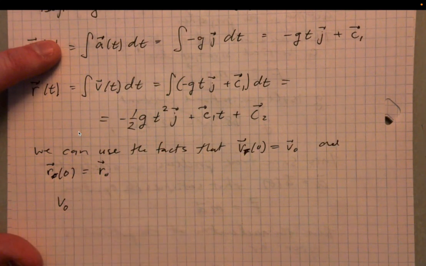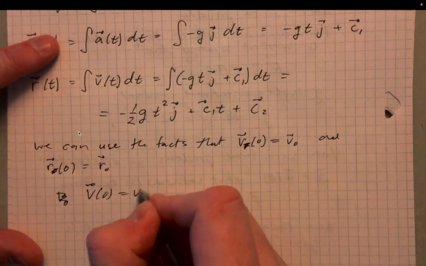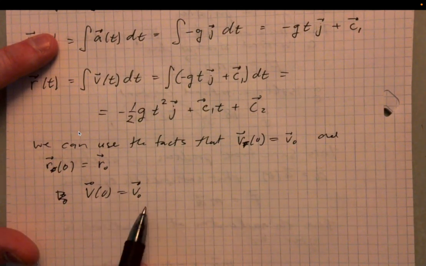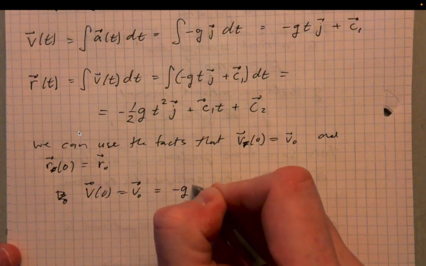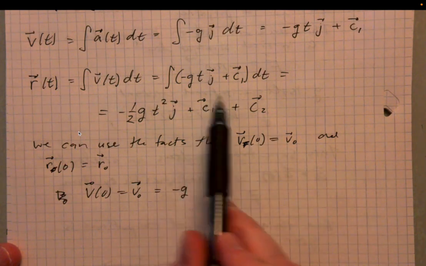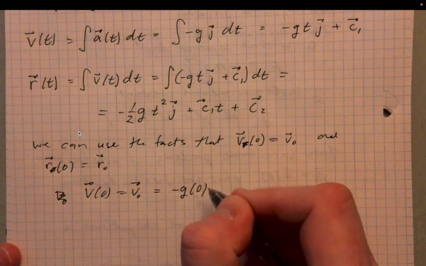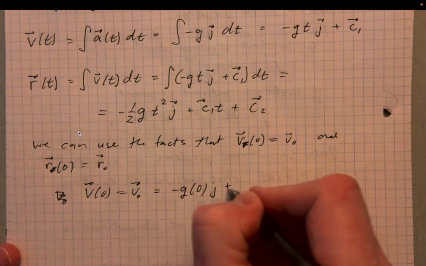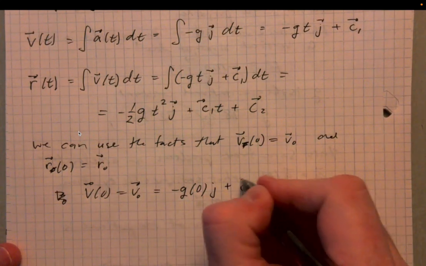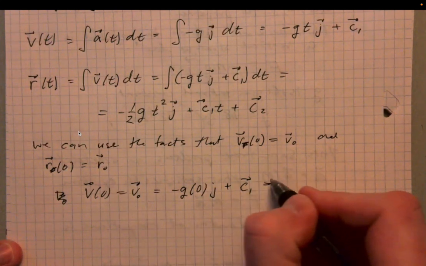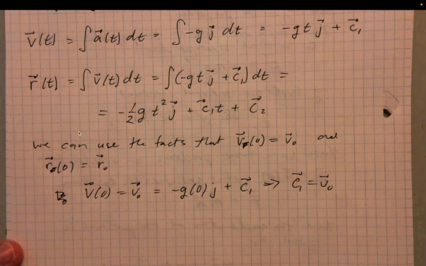So v of 0 is equal to v0. This is the function evaluated at 0. So that's going to be equal to negative g times t, in this case 0, times j, plus c1. That means c1, which is a vector, must be v0.